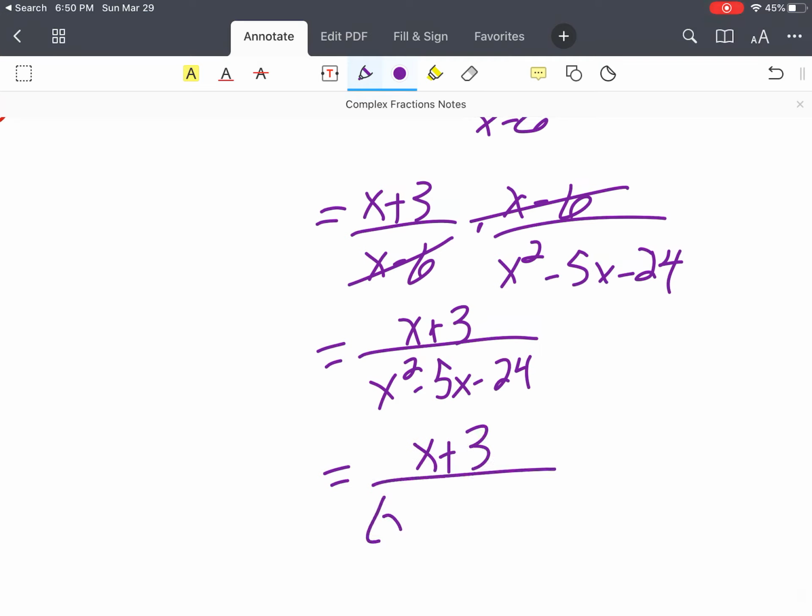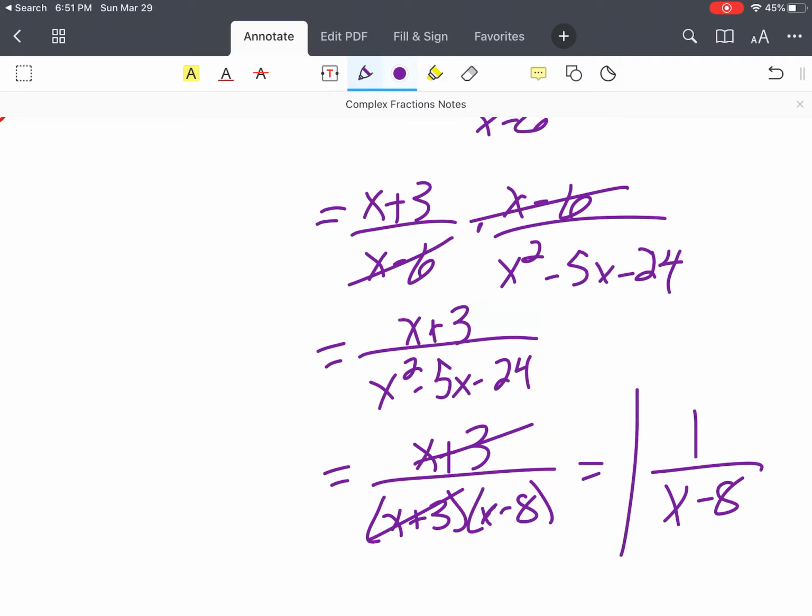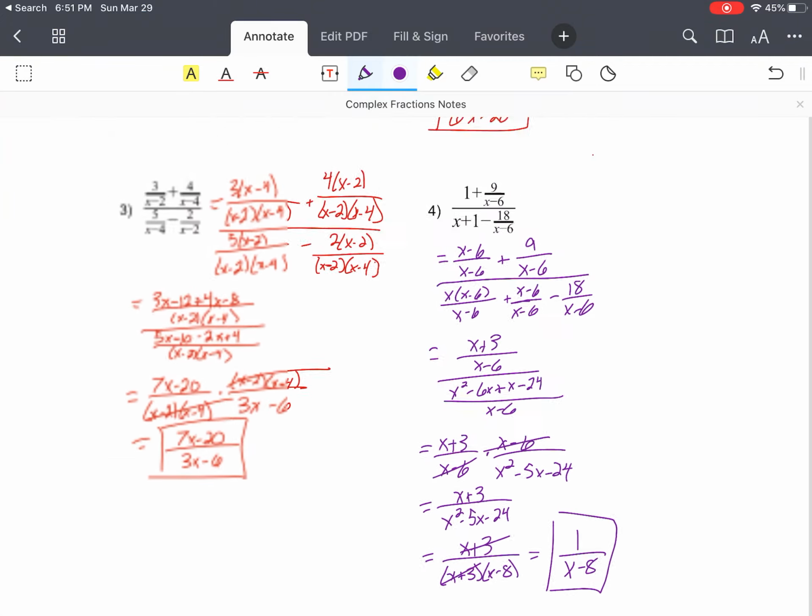Okay, so this is x plus 3 over x plus 3 times x minus 8. Because negative 8 times positive 3 gives me that negative 24. Negative 8 plus 3 gives me that negative 5. So let's cancel. And I'm left with 1 over x minus 8.